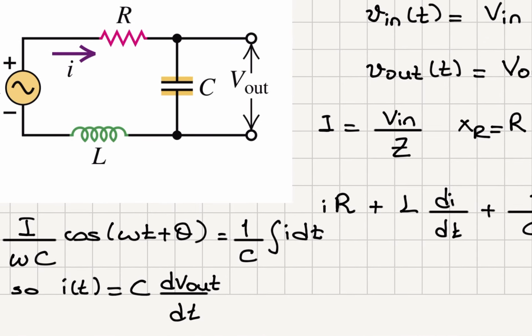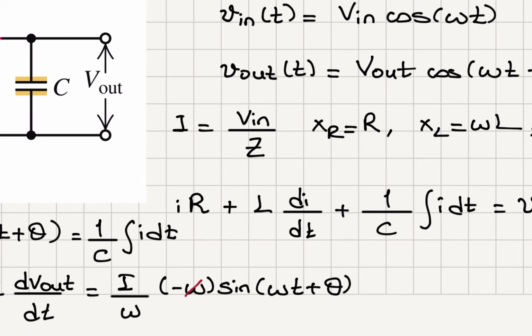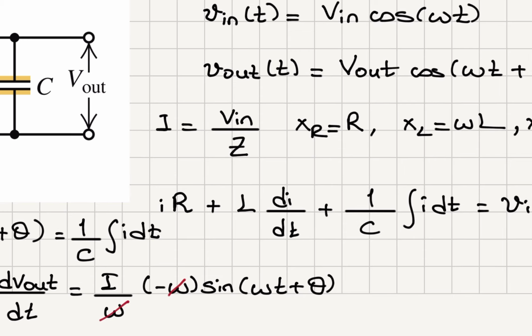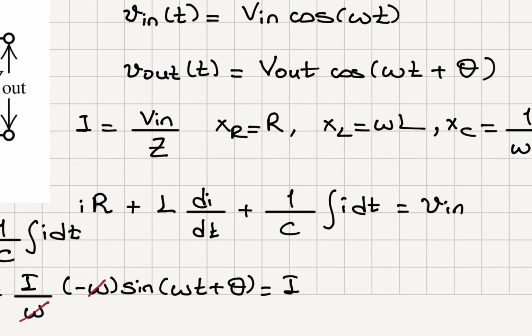So if I calculate this, this will be I over omega. Then I have minus omega sine omega t plus the angle theta. We can see that these omegas will cancel out and we will be left with I cosine omega t plus theta plus pi over 2.